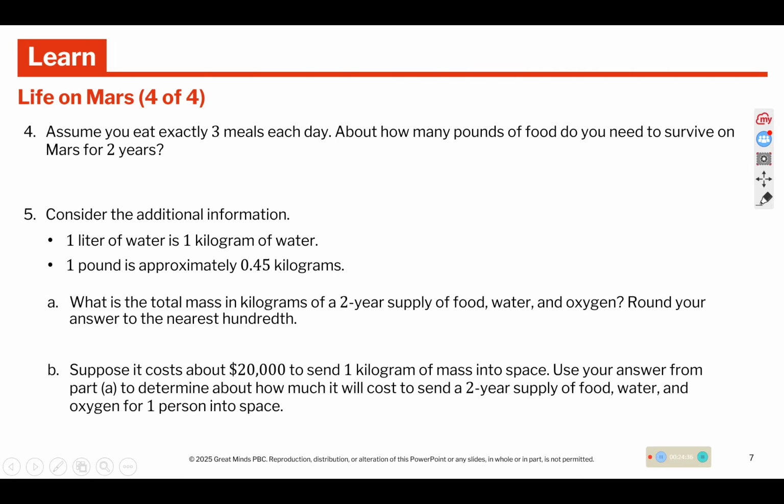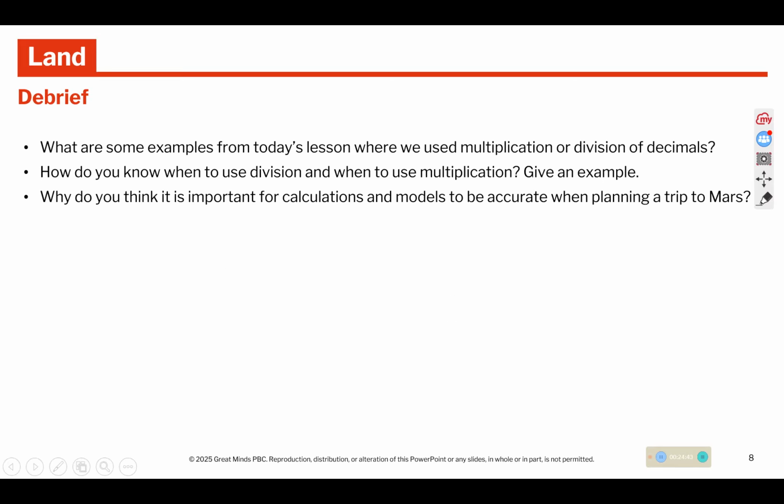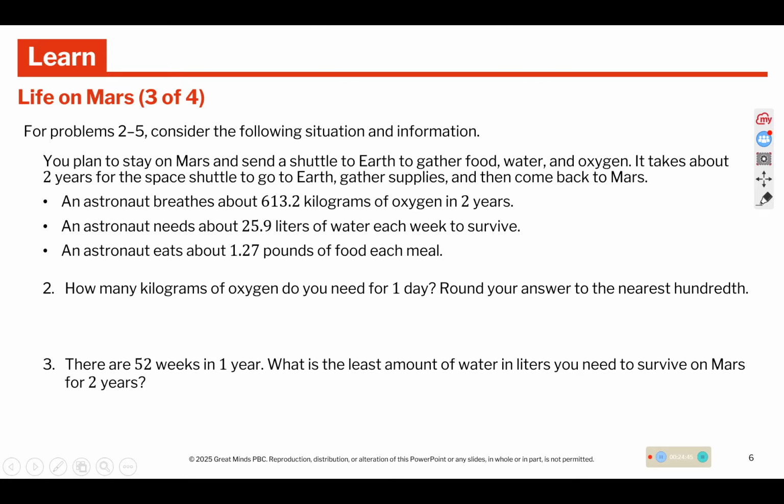Now assume you eat exactly 3 meals each day. About how many pounds of food would you need to survive on Mars for 2 years? This is per meal, and we need 3 meals a day for 2 years, which is 730 days.